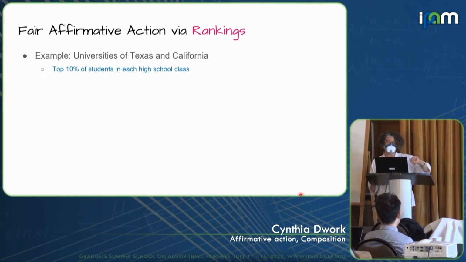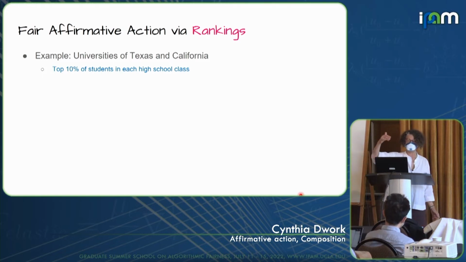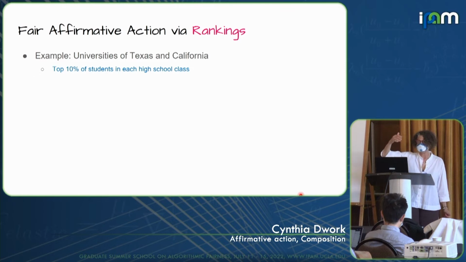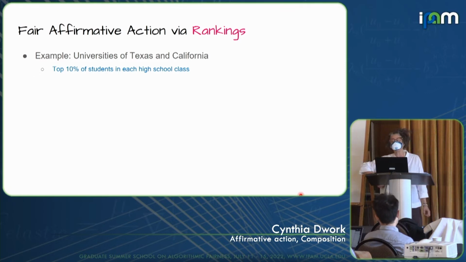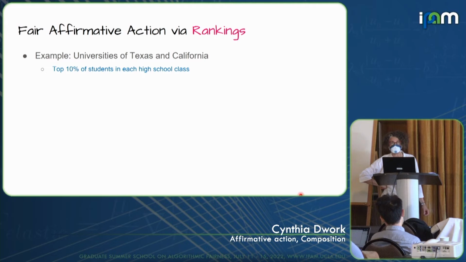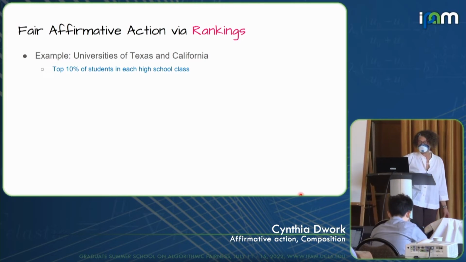We'll see. So the next thing I want you to think about, and I think this might have been implicit in one of the questions earlier, is what we'll call fair affirmative action via rankings. What are some examples from real life of this?